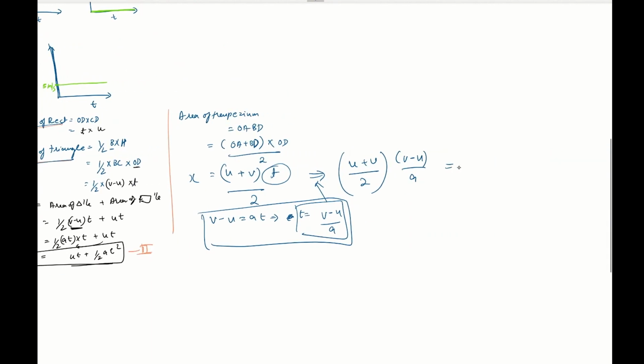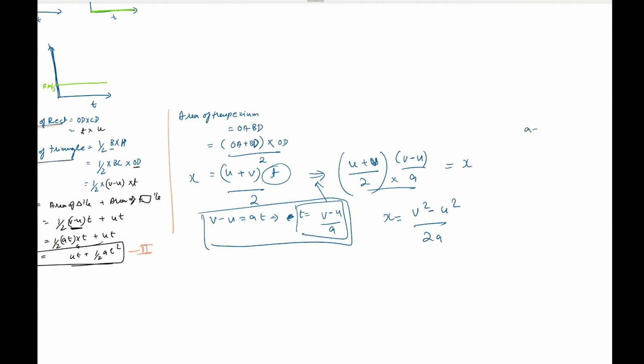This would be equivalent to the position x. So x is equal to nothing but, you can just jumble around, you get v square minus u square divided by 2a, right? So 2 times a is 2a in the denominator, and in the numerator you have u plus v, or v plus u, and v minus u.